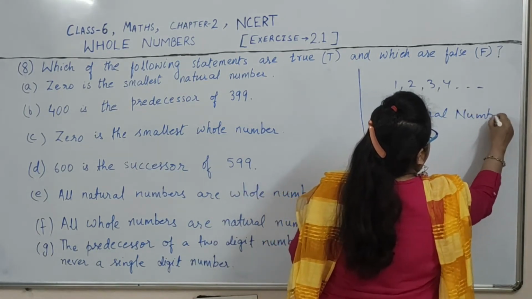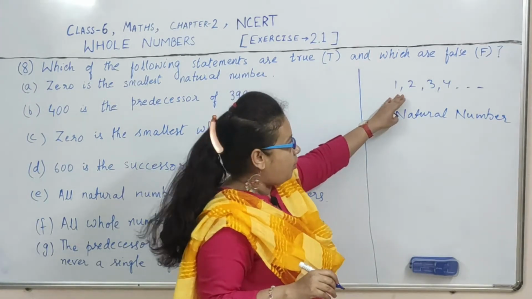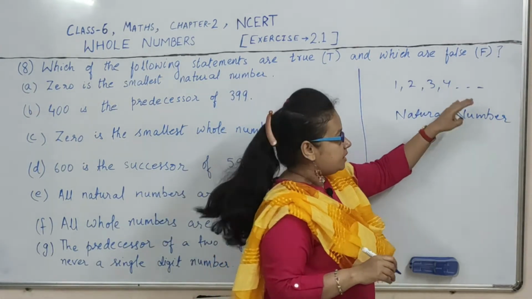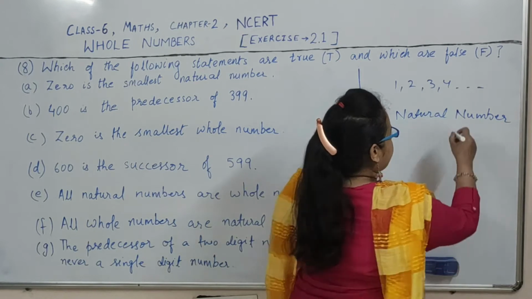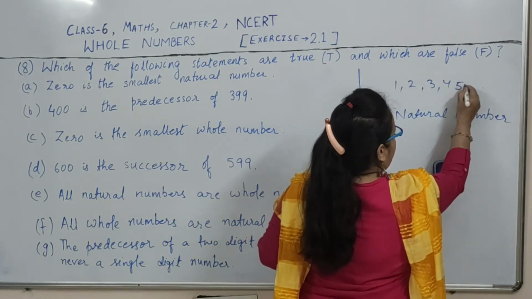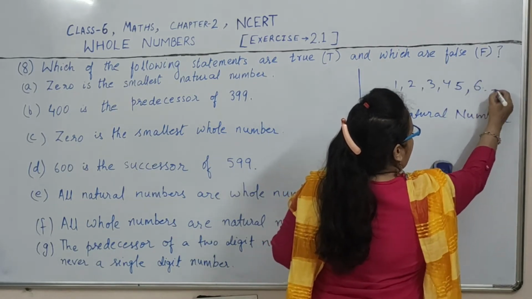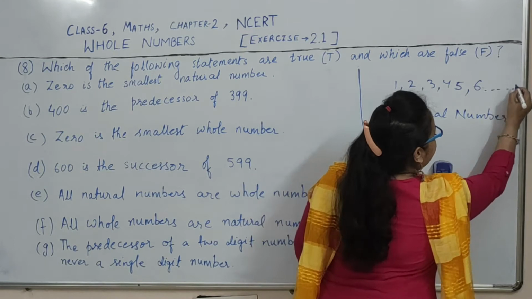Now these natural numbers start with 1. 1, 2, 3, 4 like that. If we add 1 to this, we will get 5. If we add 1 to this, we will get 6. Like that, we can go on writing the numbers.